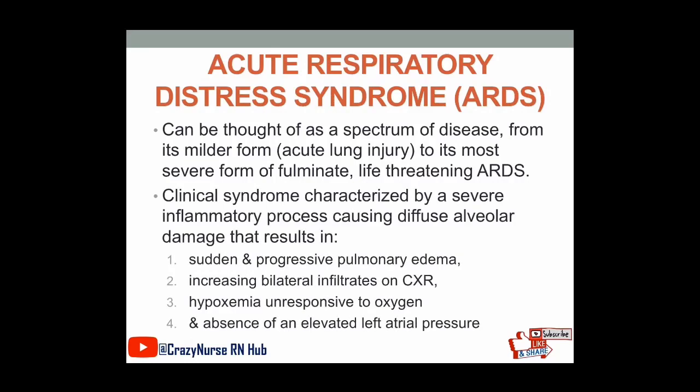The clinical syndrome is characterized by a severe inflammatory process causing diffuse alveolar damage that results in, first, sudden and progressive pulmonary edema, second, increasing bilateral infiltrates on chest X-ray, third, hypoxemia unresponsive to oxygen, and lastly, the fourth, absence of an elevated left arterial pressure.